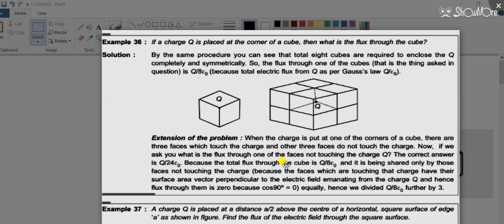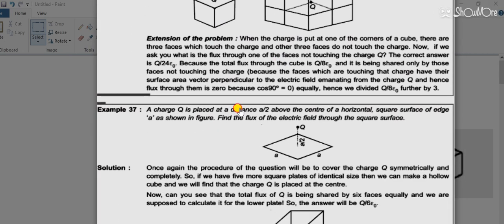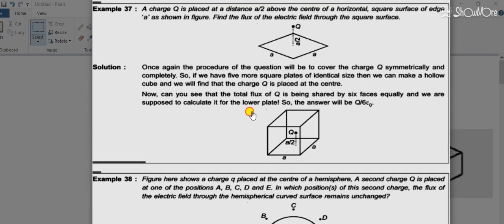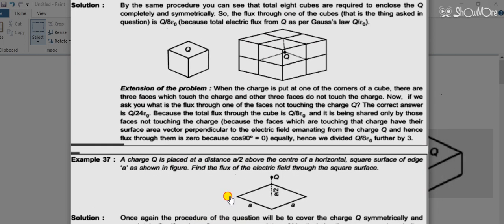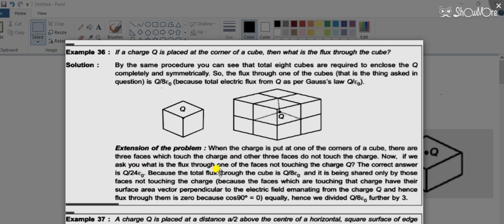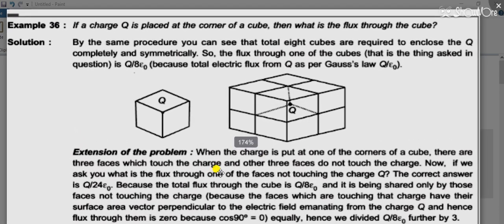Now we are moving to question number 36, then we will move to 37, then we will move to 38. So in question number 36, there is another question that is related to a cube, but in this case the charge is placed at the edge of the cube.